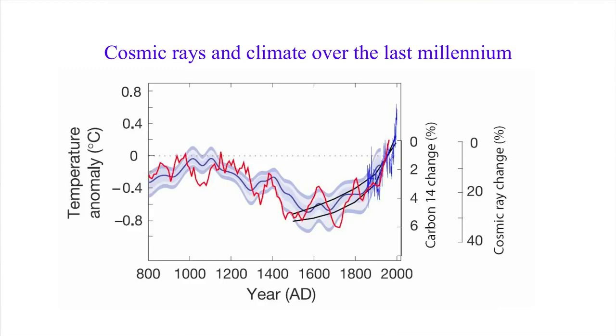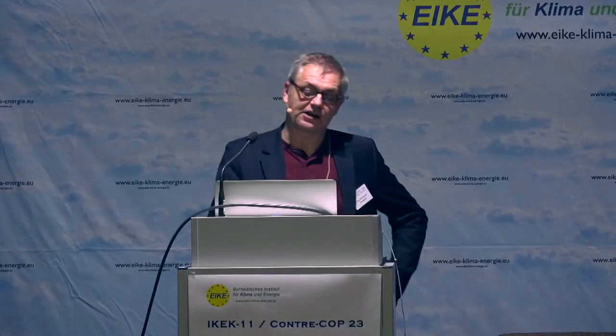But if you compare it with the changes in cosmic rays, that is carbon-14, you get a result that looks something like this. And you see the very beautiful correlation between the two curves.